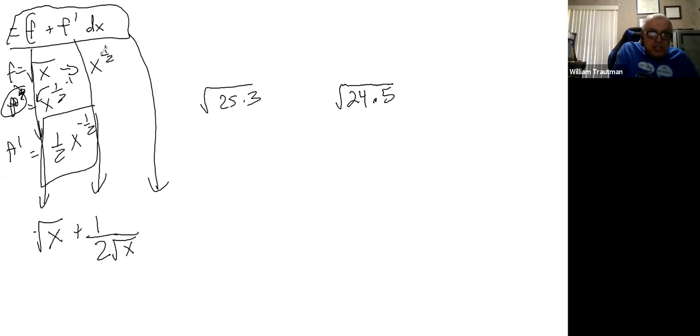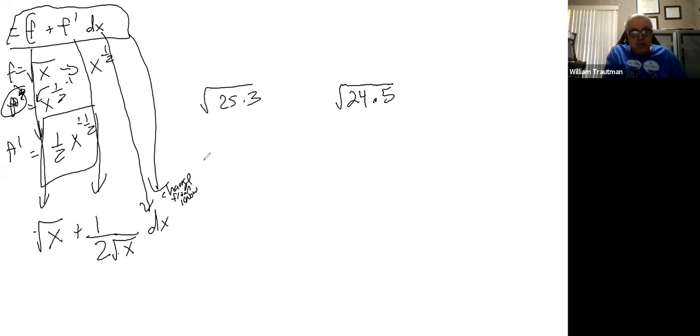Do you see this negative brings the x down to the bottom, and x to the 1/2 power is the square root of x. And then don't forget this dx. This is the change from a known factor that we have. So this is the formula then laid out.